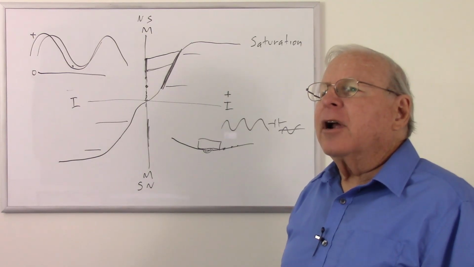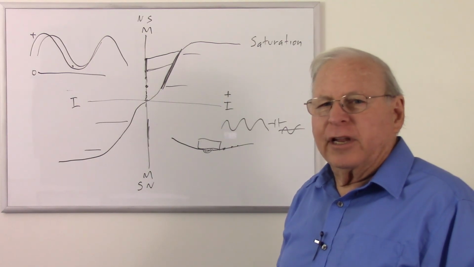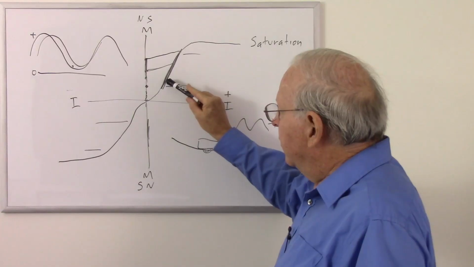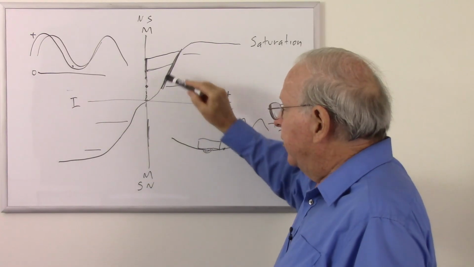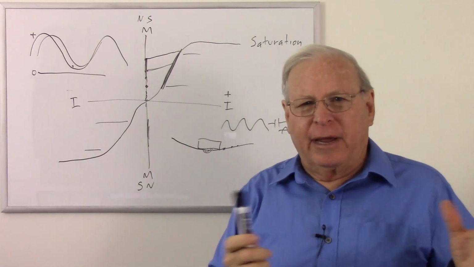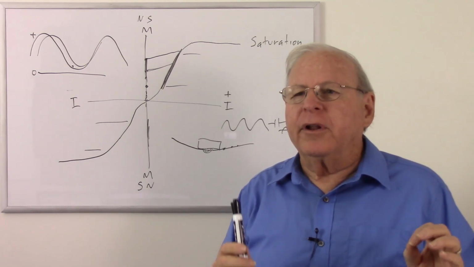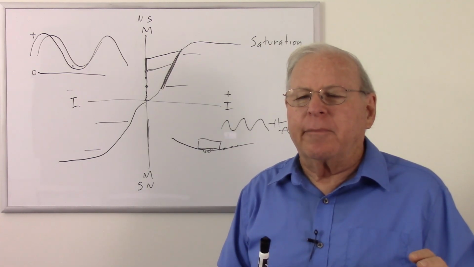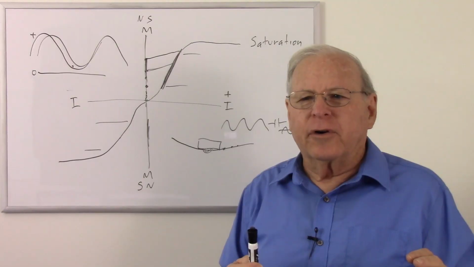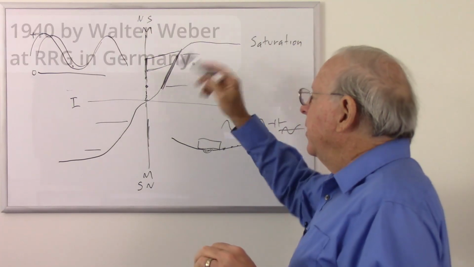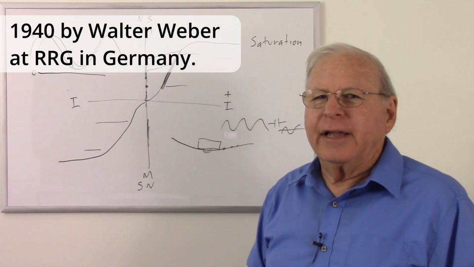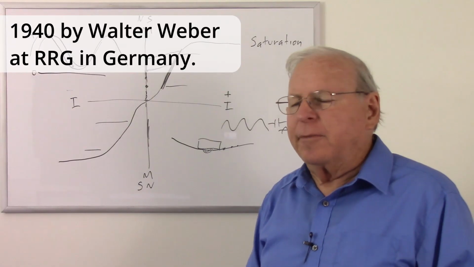Well, there were a couple of times in the early history, in the early 1900s, where people experimented with AC bias instead of DC bias. Those kind of went by the wayside. People forgot about them, and how successful they were, I don't know. But in the 1940s, I don't remember where this was or who did it, but I'll put a name up here of the person who rediscovered the idea of AC bias.